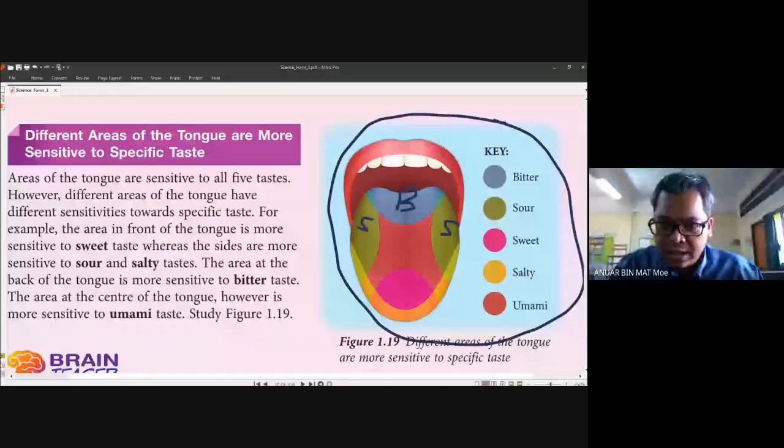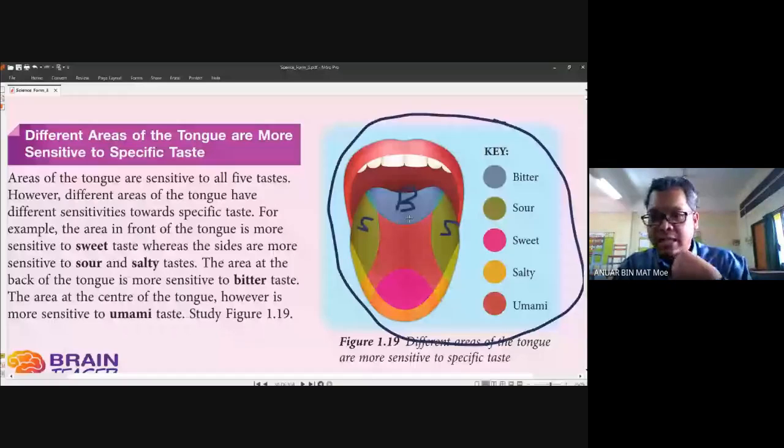It is not just the area of the tongue that tastes sour. Meaning that at this area, for example at the side of the tongue, you will feel the taste of sour more.